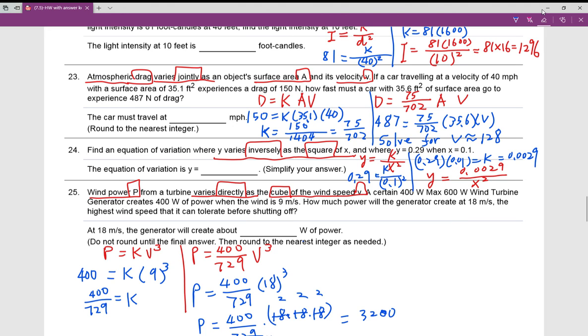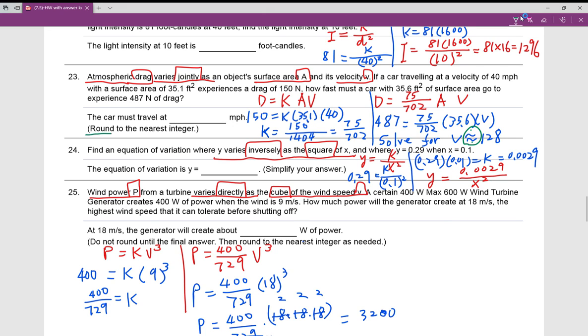Now this question, you probably cannot find a very nice number, so approximately, this symbol, almost equal. You can use a calculator and round your answer.